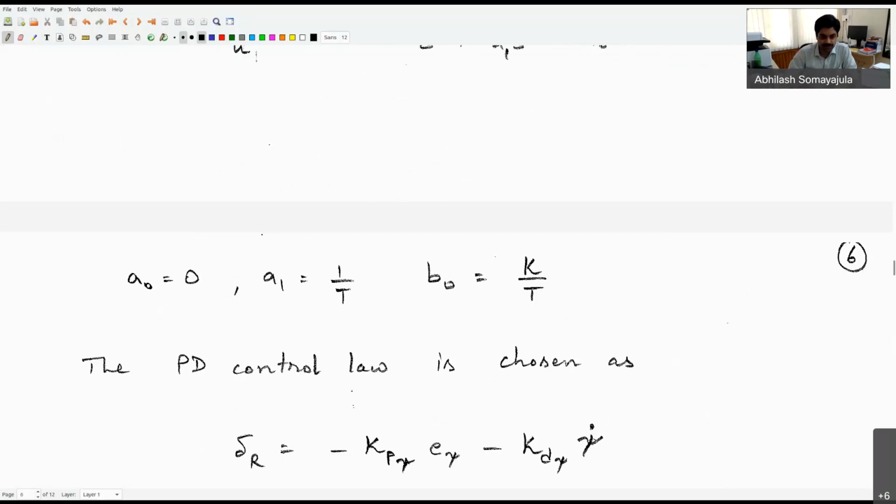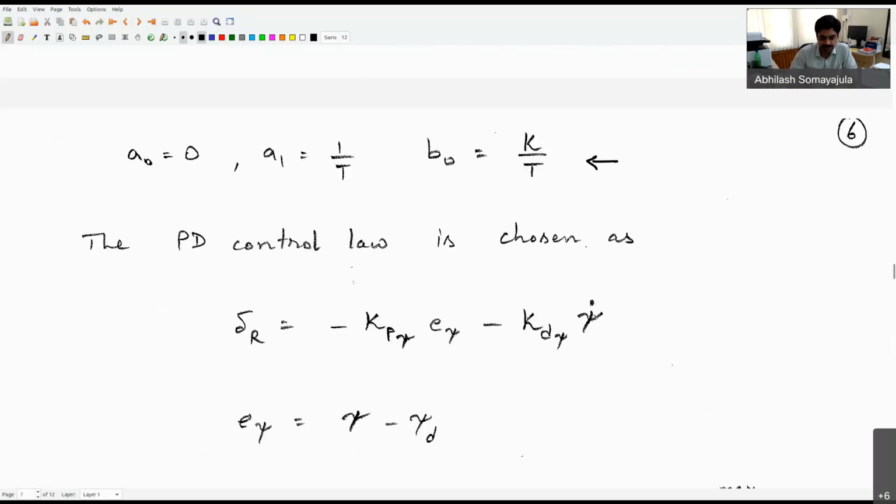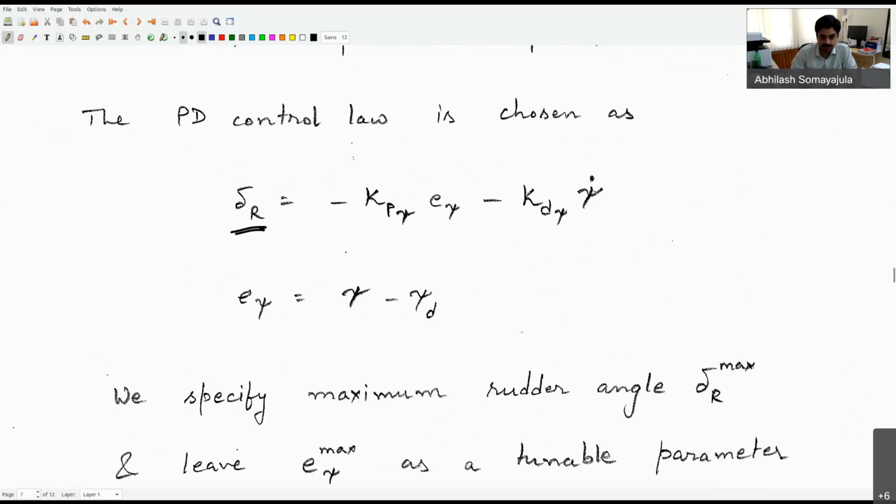Okay, so we will put these values in, and now the idea is we choose the PD control law, where we specify the rudder angle as a proportional gain times the error, where the error is the difference between the actual heading and the desired heading, plus the derivative gain times psi dot.